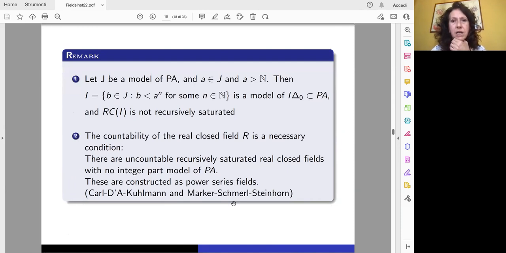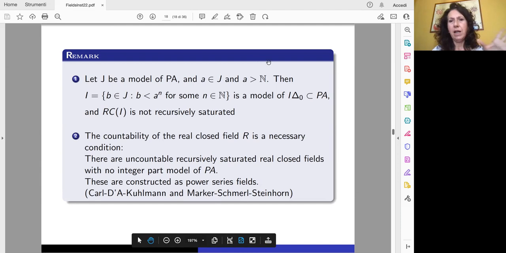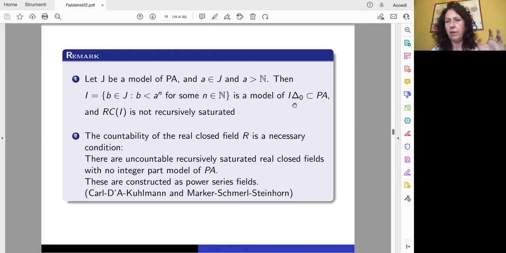So if I start with a model of Peano arithmetic, I can take an element, a non-standard element, and consider all the elements which are bounded by standard powers of a. This turns out to be a model of I delta 0.